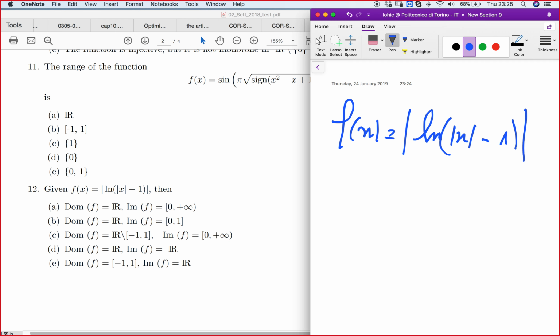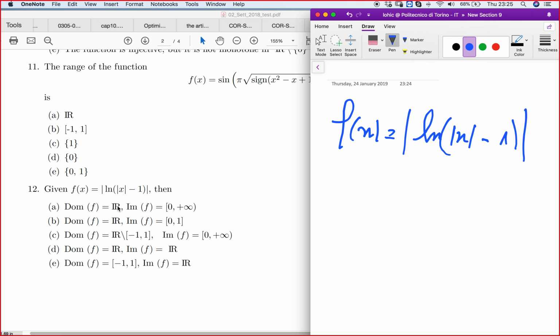Okay, here's our function, right? We have made different proposals. We have the domain and the range, because I remind you that image means image or range.